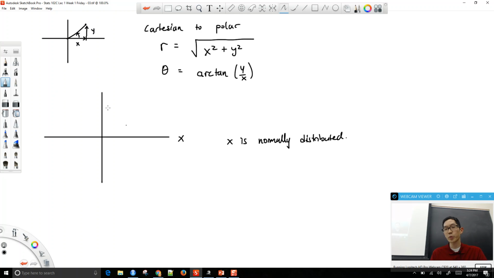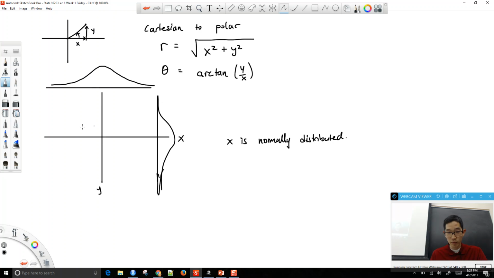We're going to kind of work backwards here, all right? So we're going to say x is normally distributed, so it's going to look like this, okay? And then y is also normally distributed, okay? So its distribution looks like this, okay?